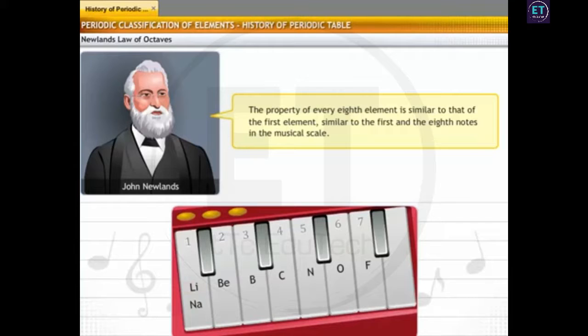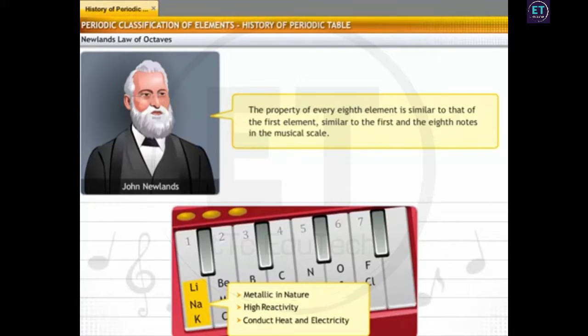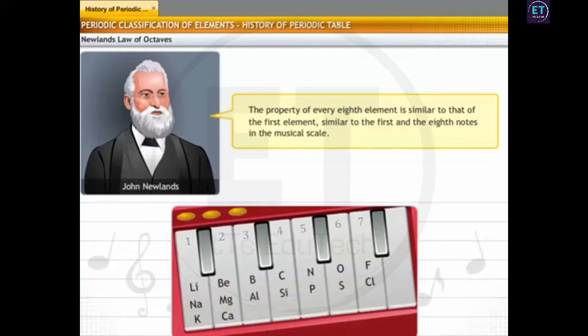Starting with lithium, the 8th element from lithium is sodium. Similarly, the 8th element from sodium is potassium. Lithium, sodium, and potassium show similar properties. For example, they are metallic in nature, have high reactivity, and conduct heat and electricity.